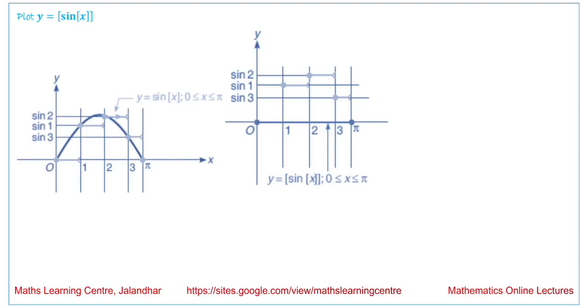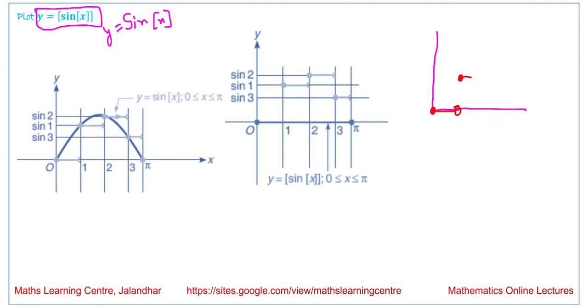Next, we have to plot the graph of y is equal to greatest integer of sine of greatest integer of x. We have already seen that the graph of y is equal to sine of greatest integer of x is of the form I am drawing over here. From 0 to 1, the values are over here. Then we have the values equal to sine of 1.